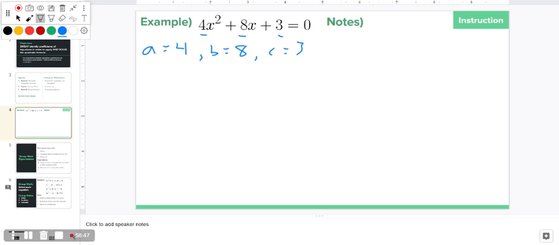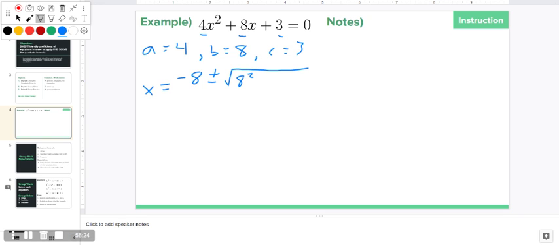Now we're going to actually place it into our quadratic formula. And again, we are just simply rewriting that quadratic formula, replacing A, B, and C with the numbers that we have. So we get x is equal to negative b, so negative 8 here, plus or minus the square root of b squared, that's 8 squared.